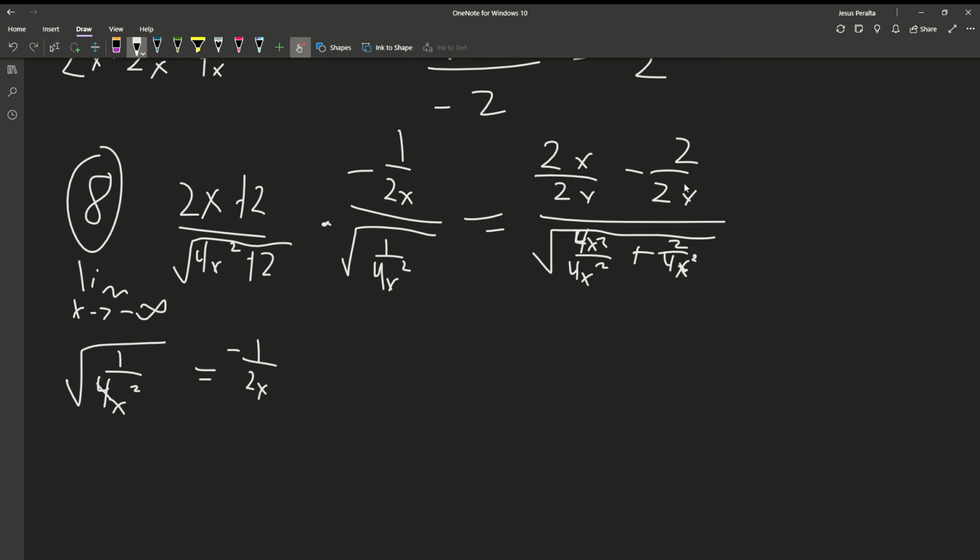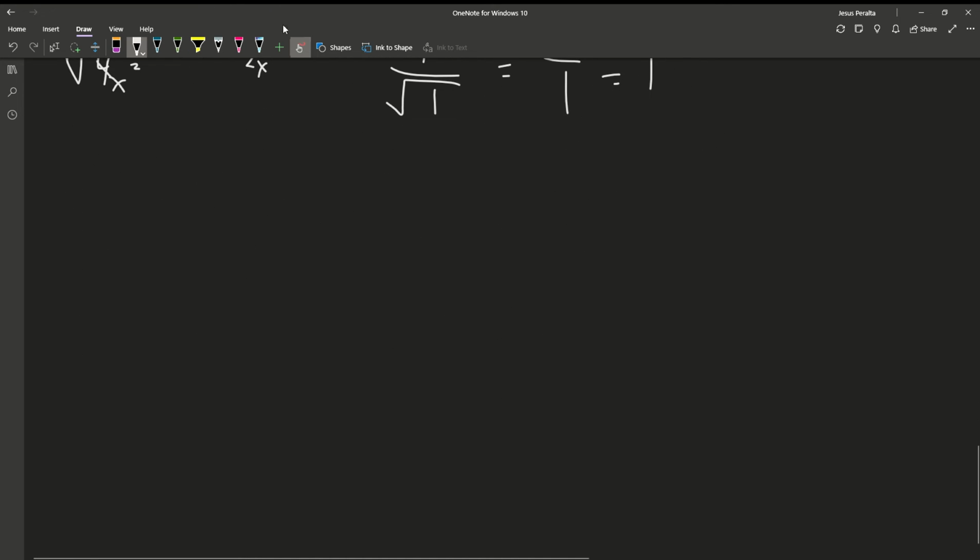So whenever we have x in the denominator, this turns into 0, that turns into 0, and then these cancel out, so it is going to be 2 over 2 is 1, 1 over the square root of 1, which is 1 over 1, which is 1. On to number 9.